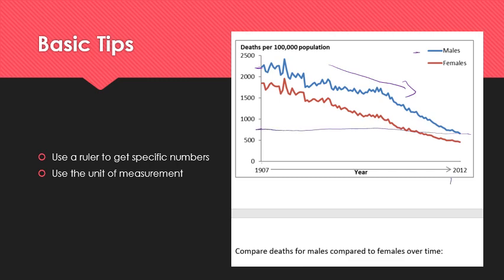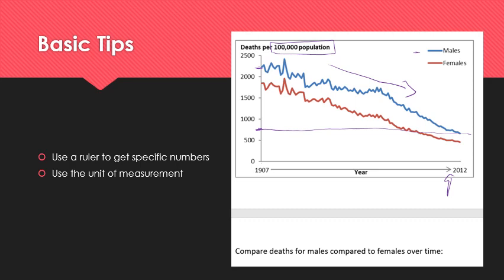So you're comparing 2012 to 1907. And so you'd be saying compared to 780, I'm making these up, that's probably about right there, deaths per 100,000. So make sure you use the unit.